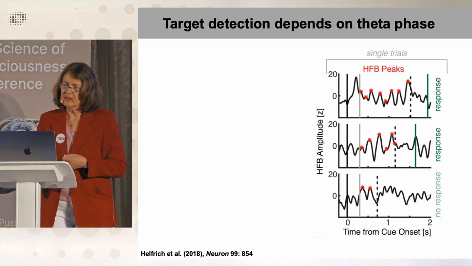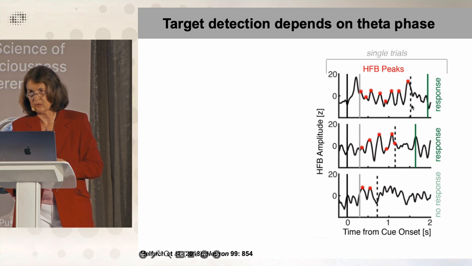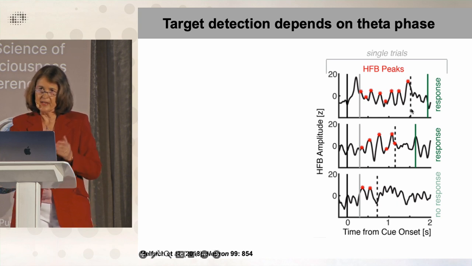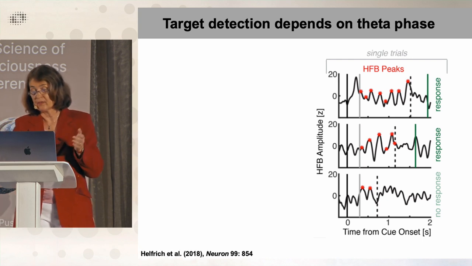And what we ended up doing was looking at the time when the target occurs, so that would be here, relative to the phase of that theta rhythm at that point.